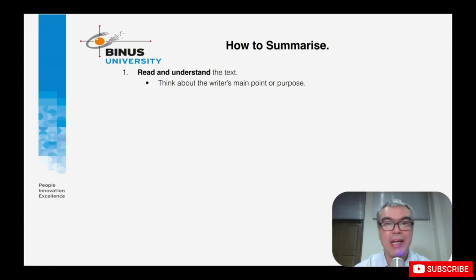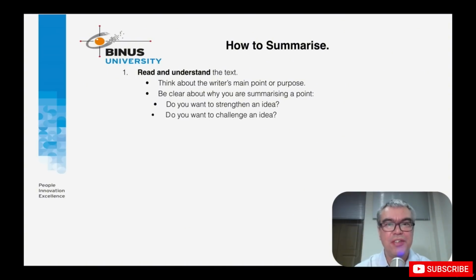You need to be clear in your mind about why you are summarizing a particular point from another writer. Now, to do this, I will suggest two important questions that you need to clarify for yourself. The first question is, do you want to strengthen an idea? And the second question is, do you want to challenge an idea?